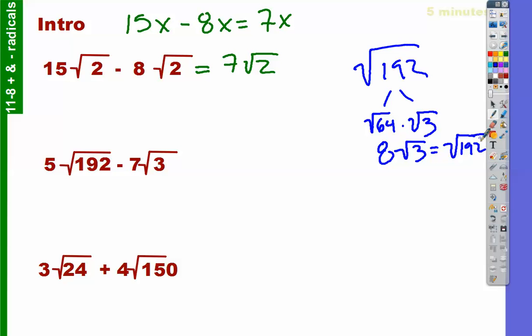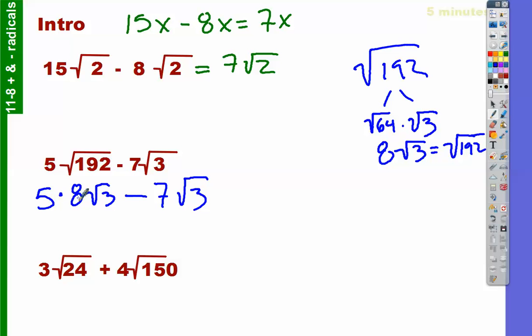So I'm going to substitute in 8 times the square root of 3 for the square root of 192. So we have 5 times the square root of 192, which we're going to write as 8 times the square root of 3 minus 7 times the square root of 3.